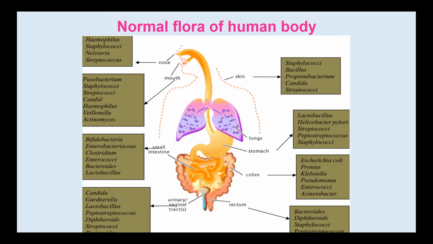Liver, kidney, lungs, the lower part of the respiratory tract, the upper part of the reproductive system and the urinary system also should be sterile. Normally, in a healthy organism, bacteria are absent.